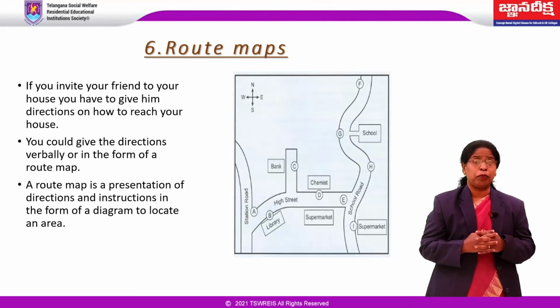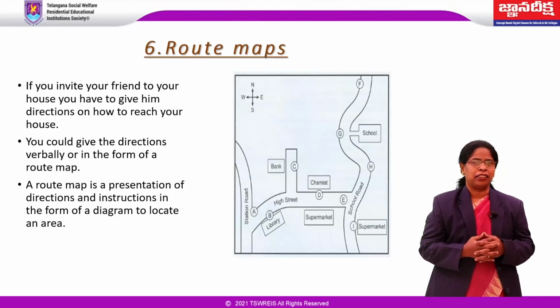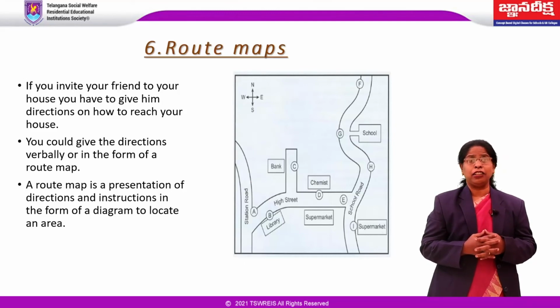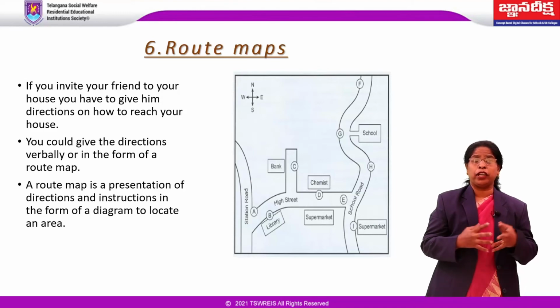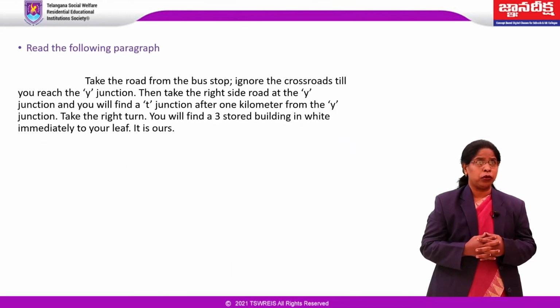When you are new to a place, going there for the first time, nowadays we have Google Maps. With that, we can reach our destination without any hurdle or disturbance. Take the road from the bus stop. This is the way you need to explain the route map. Ignore the crossroads till you reach the Y junction.